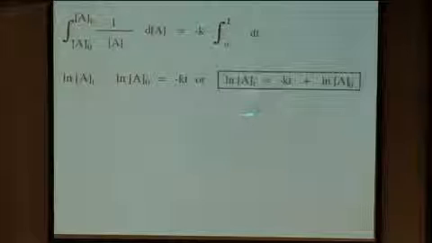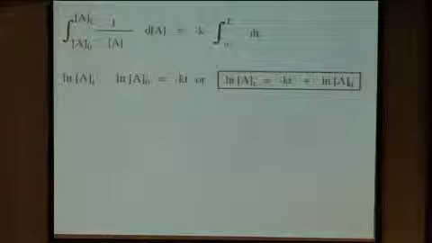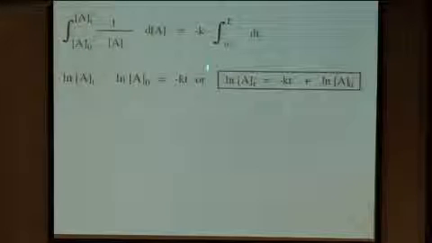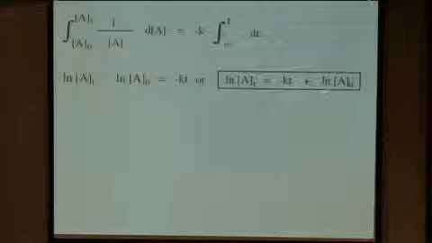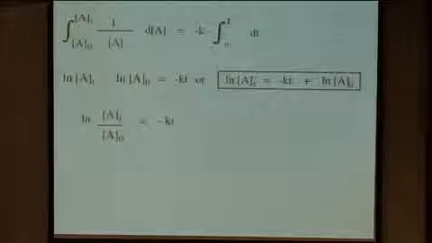And you can also express it in this term, so you can just bring this over to the other side of the equation, and this is one expression for the integrated rate law that you will see. There's also another expression that you'll see, and let's show you what that is. You can also take the natural log and bring these two terms together.